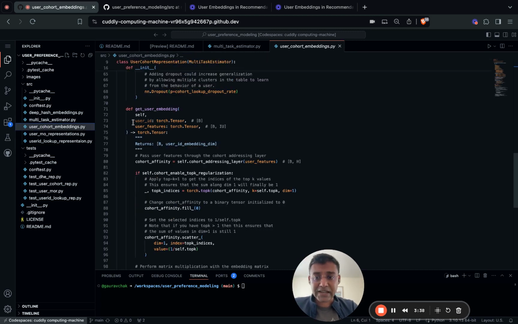As you can see here, the user ID is not used. We are only looking at user features. Based on that, there's this cohort addressing layer, which tries to say among the H user cohorts. H can be, let's just say, 2,000.